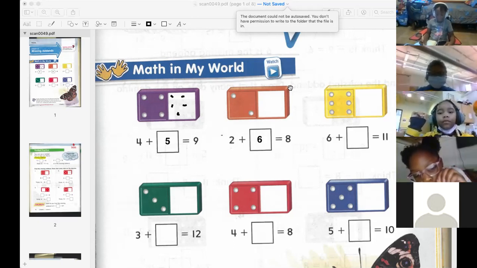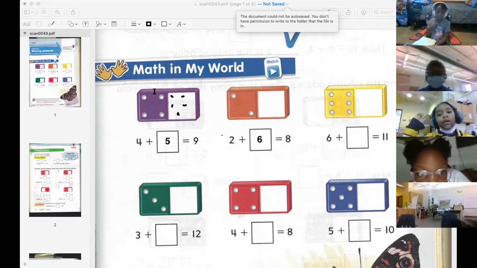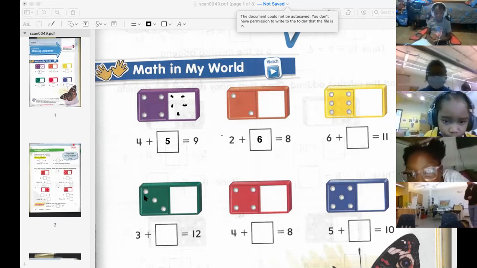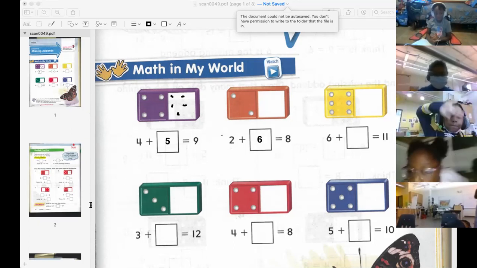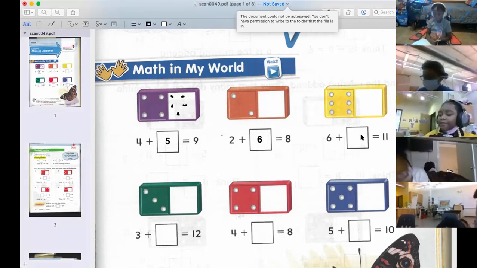My guess is 6. So we have 6, and we're going to count up to get to 11. 7, 8, 9, 10, 11. How many red dots do we have over here? 1, 2, 3, 4, 5. Yes, 6 plus 5 equals 11. Good, Tamaya.